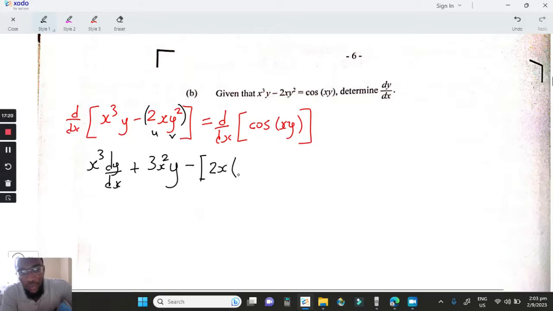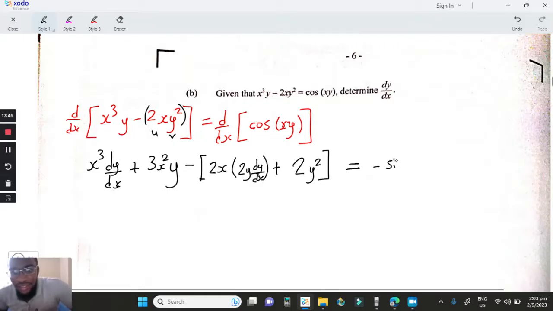When you differentiate y squared, you carry down the power, subtract 1 from the power, then multiply by the derivative of y, which is dy by dx, plus keep the second, which is y squared, times the derivative of the first. When you differentiate 2x, you get 2. Close that up.